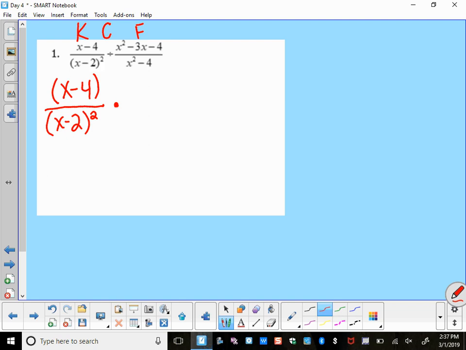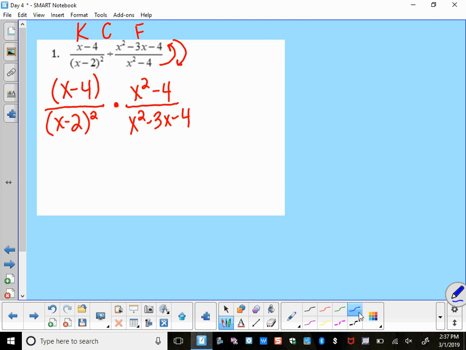And then I'm going to flip. So on top I have x squared minus 4. On the bottom I have x squared minus 3x minus 4. All I did was flip-flop them from top to bottom.